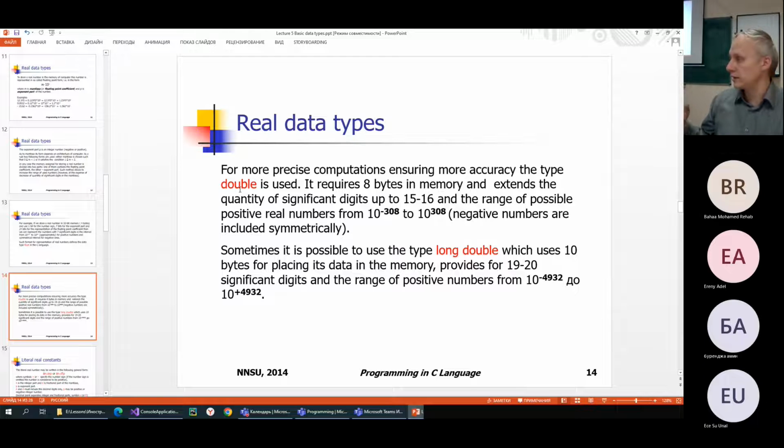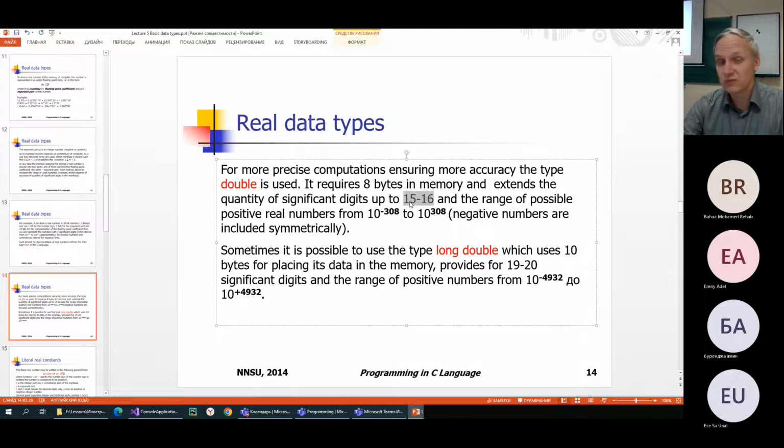First, it requires 2 times more bytes for storing the number. Float requires 4 bytes, double requires 8 bytes in computer memory, and double represents 15 or 16 digits after the decimal point.